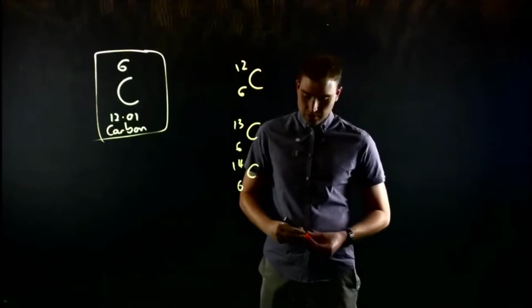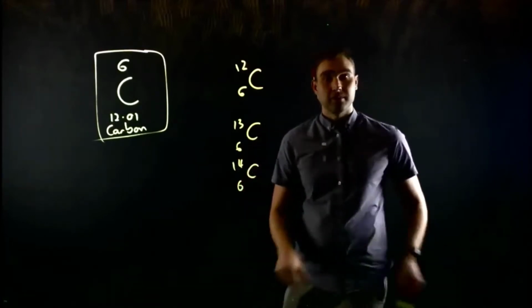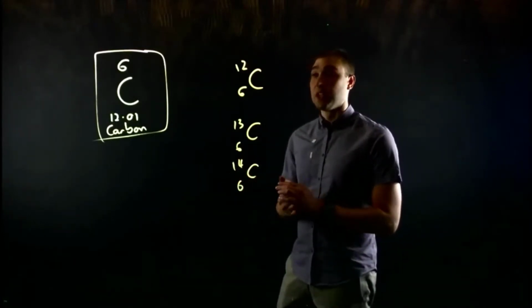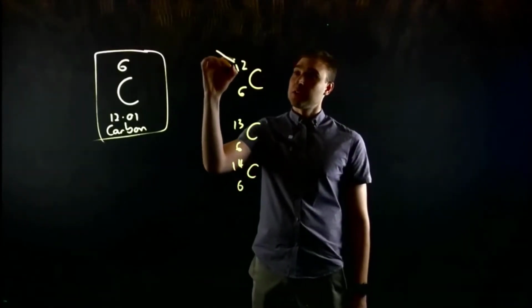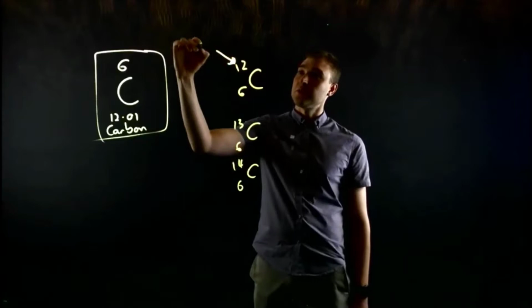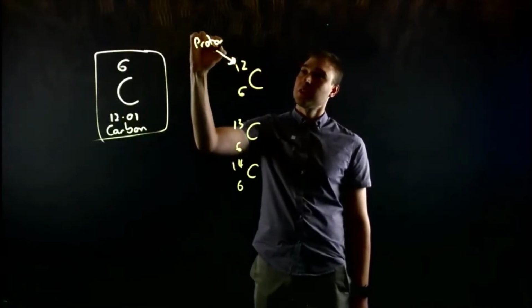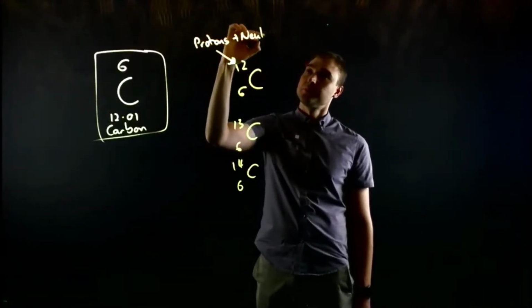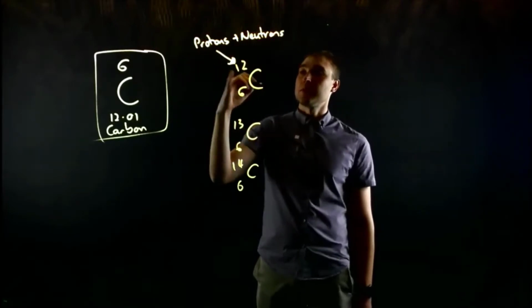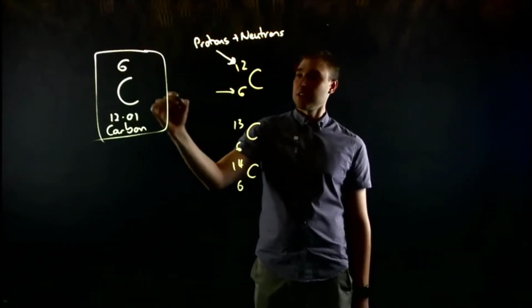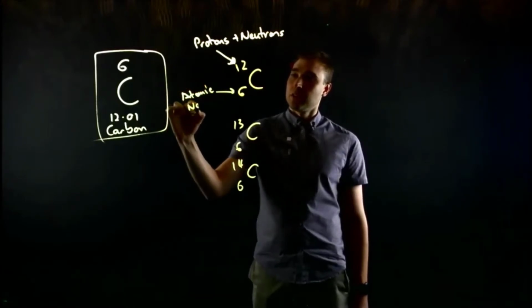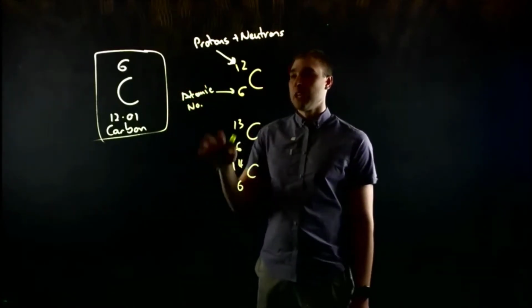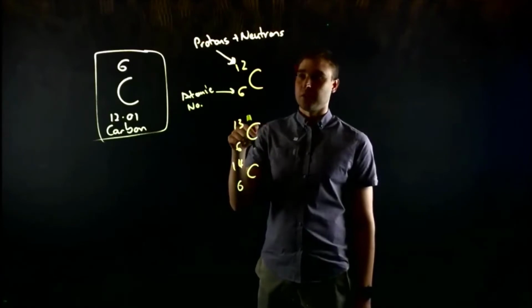If we look at these symbols, it tells us a lot about what is in the atom, how the isotopes are different from each other. So the atomic mass up here, that tells you the number of protons plus neutrons. In this case, the atomic number down here, that tells you the number of protons in the nucleus.